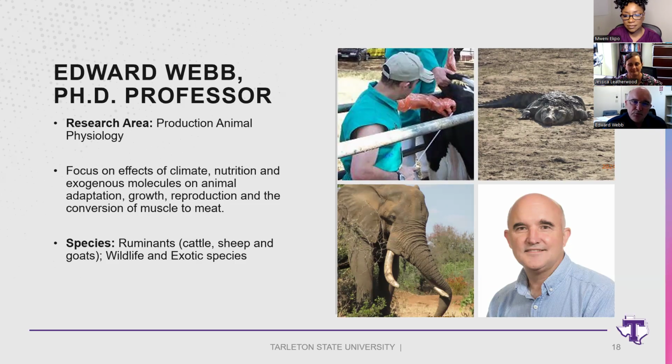For example, at the moment, we've got several projects on transportation stress and the related effects on carcass and meat quality. I'm primarily interested in ruminant livestock, in other words, cattle, sheep, and a lot of research on goats.